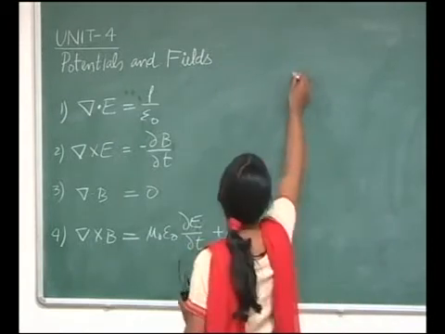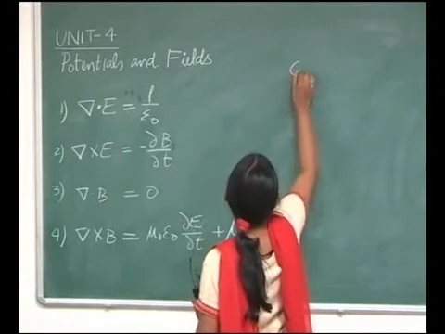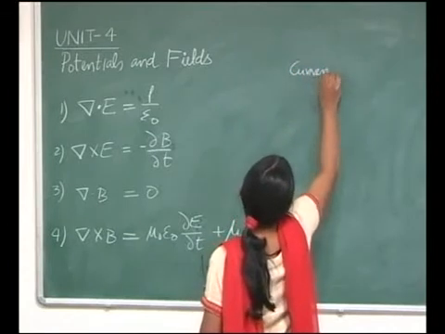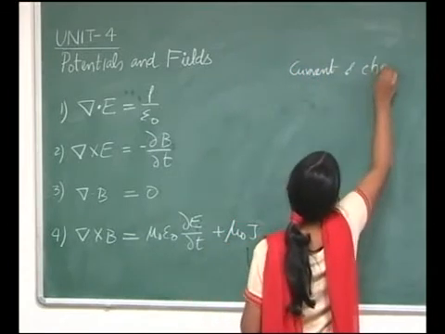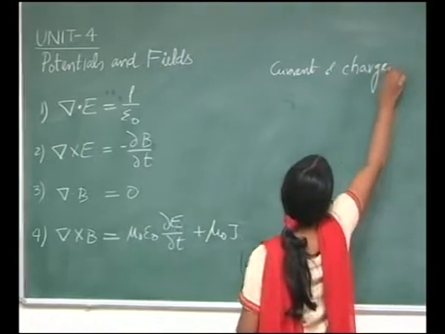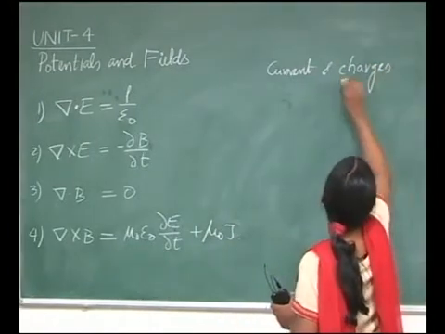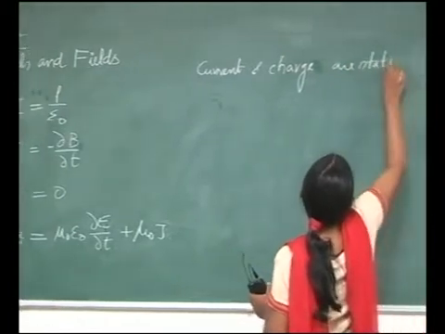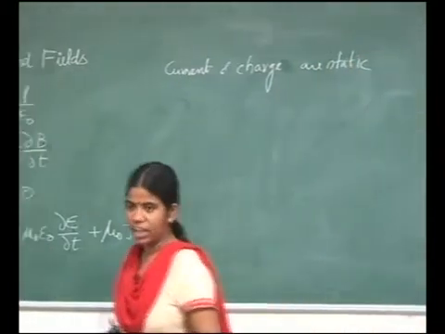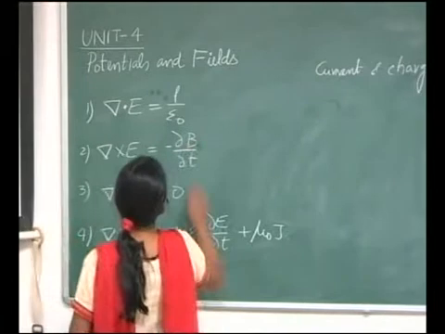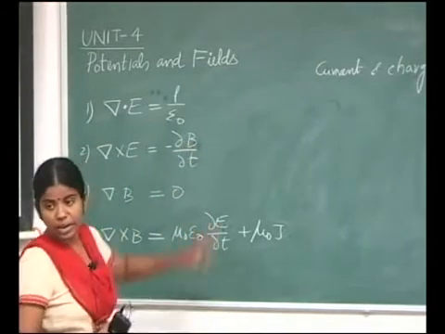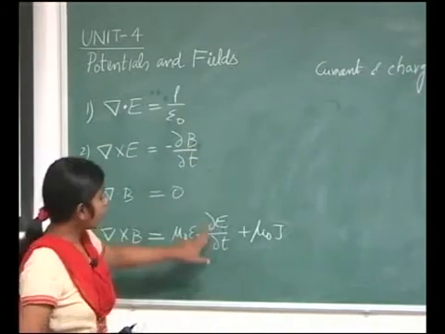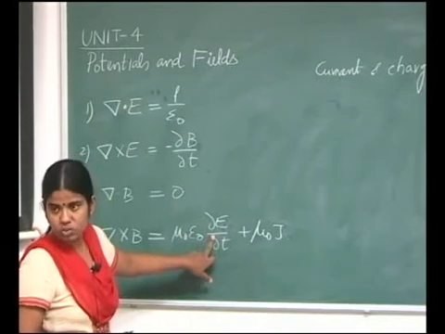So, the moment I say that current and charge are static, static means they are not changing, they are fixed. So, it means del B by del t is 0, and del E by del t is also 0. Okay.